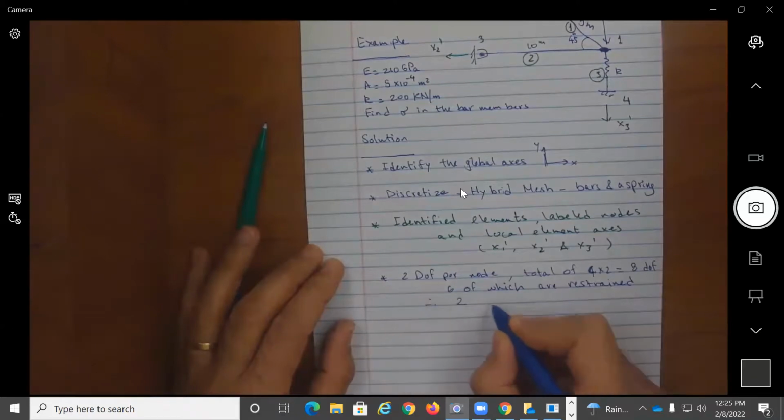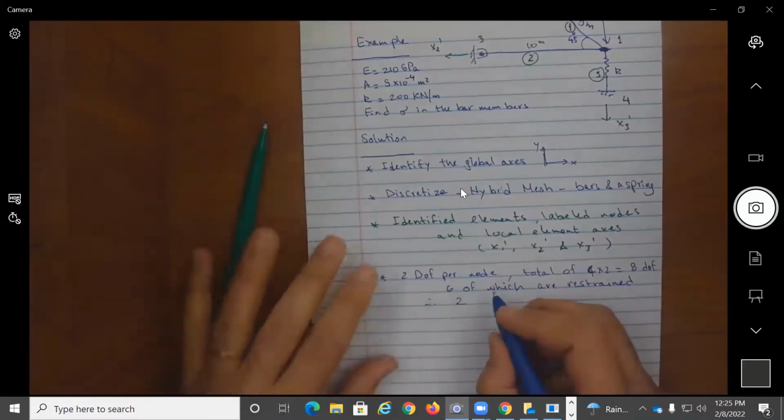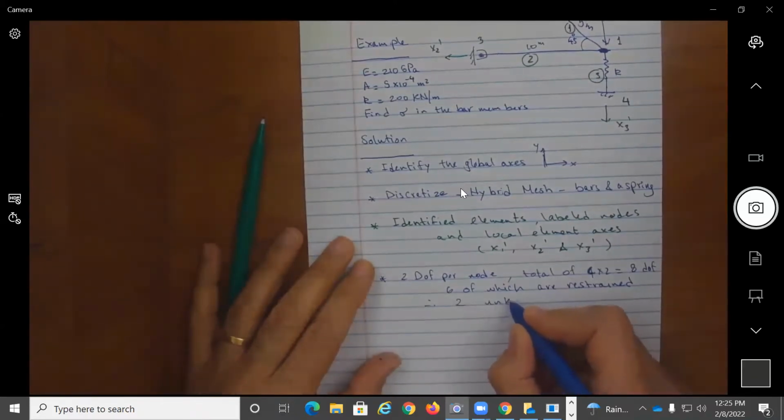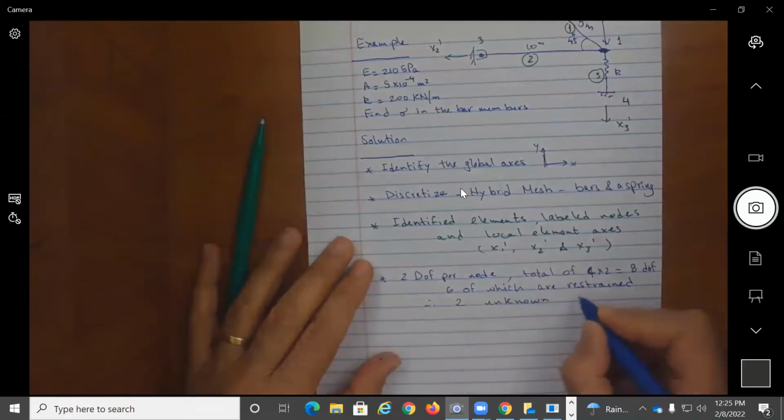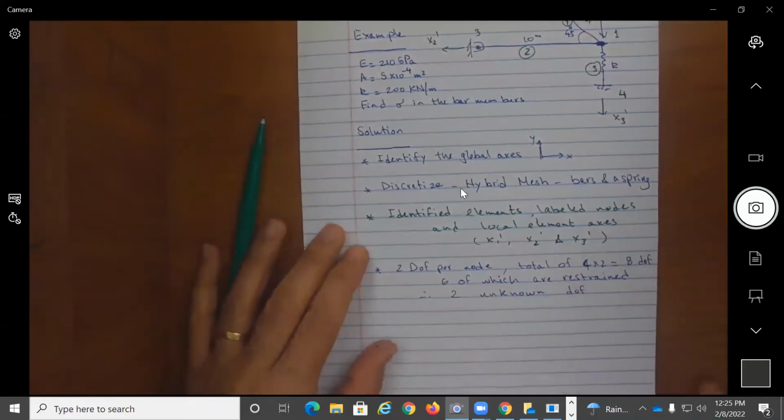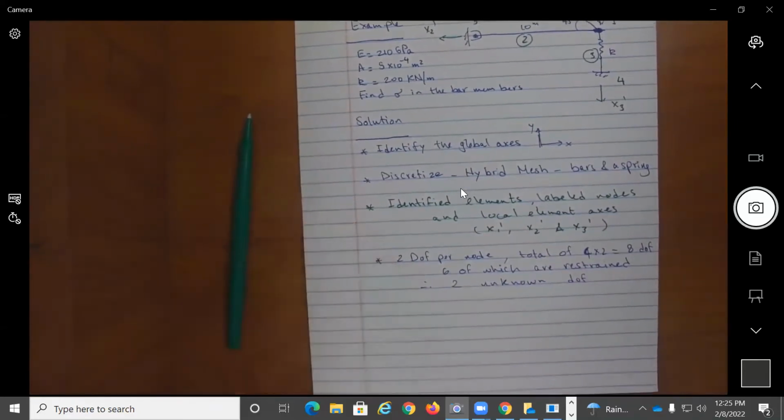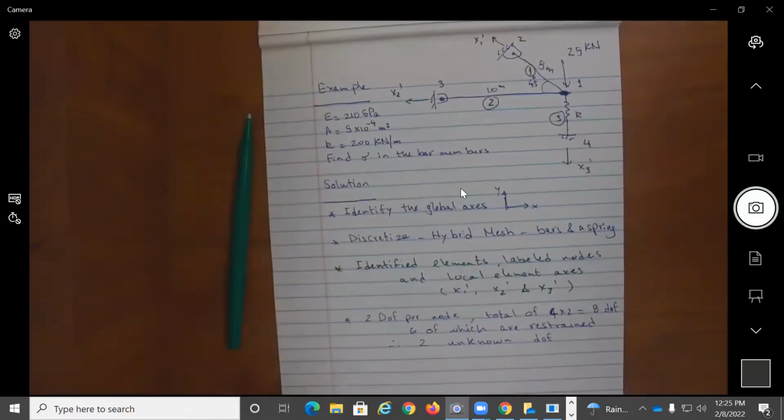Therefore, 2 unknown degrees of freedom. I think this is a key to the solution.